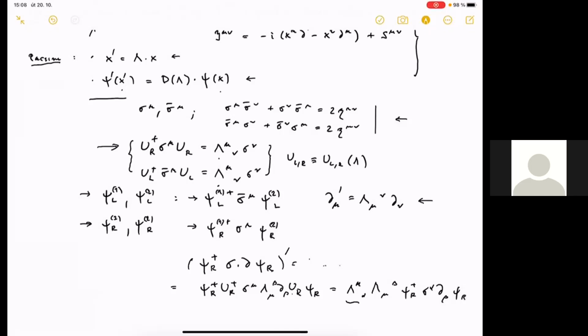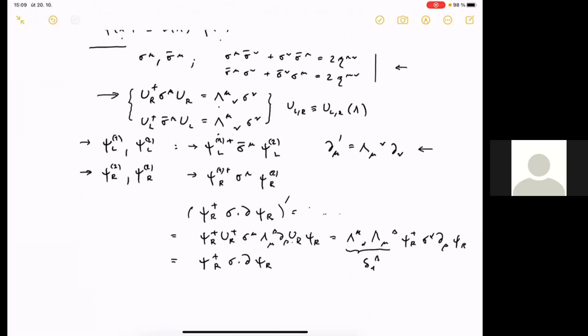And since these matrices are inverse to each other, we obtain as a result simply delta alpha beta. So we again reproduce the original expression psi_R^dagger sigma times derivative of psi_R.